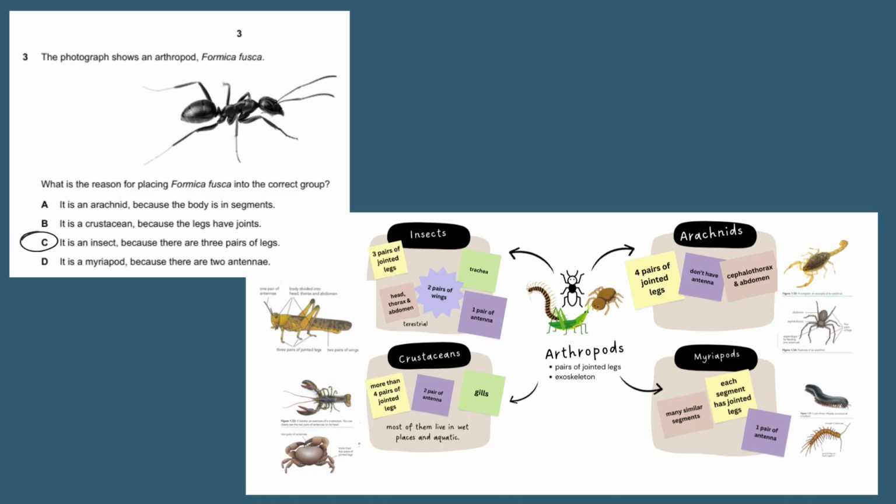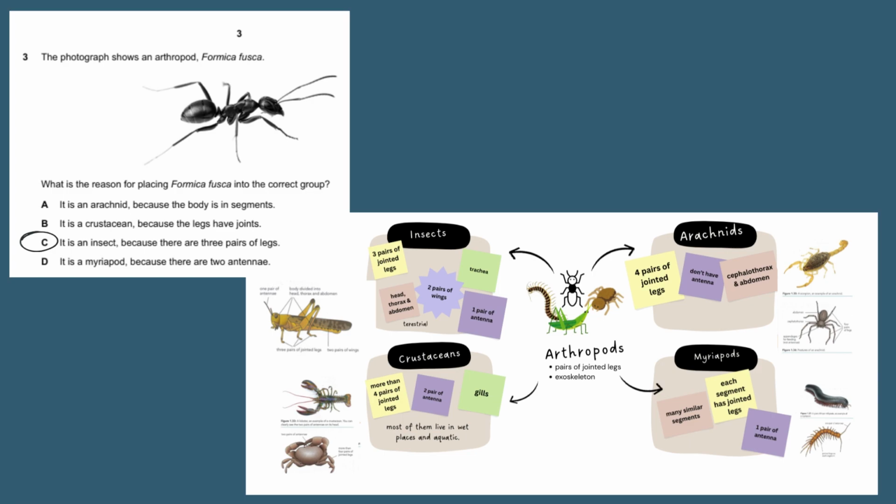In the answers you can see three pairs of jointed legs. So the ant is under insects because it has three pairs of legs.